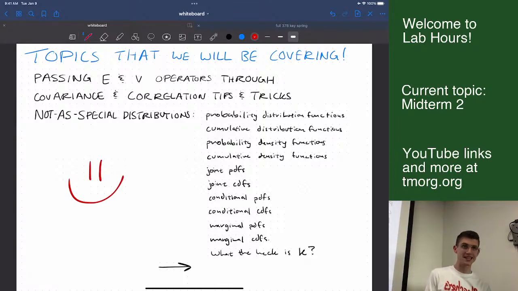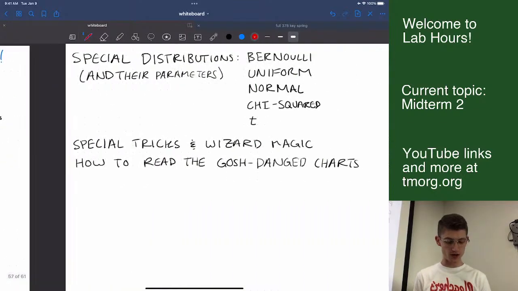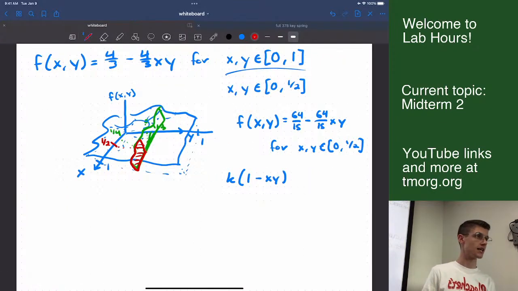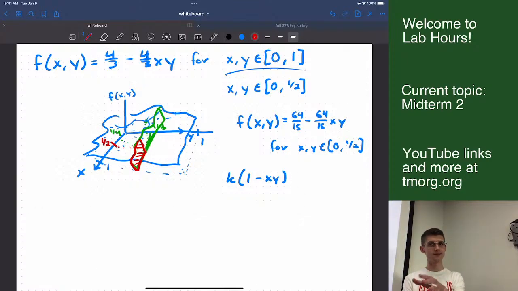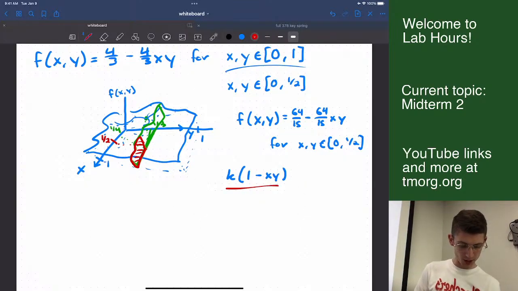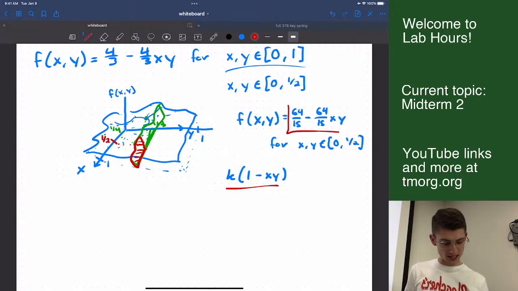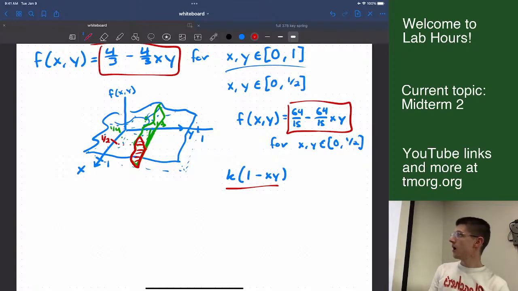And then what the heck is K? I don't want to point this out too hard to you or drill it too hard into your heads. I mean, there are some things that I do want to just drill into your head, like you can't have a negative variance, but this one's not so much. But notice that this K times 1 minus xy represents both this function and this function, just according to different bounds.